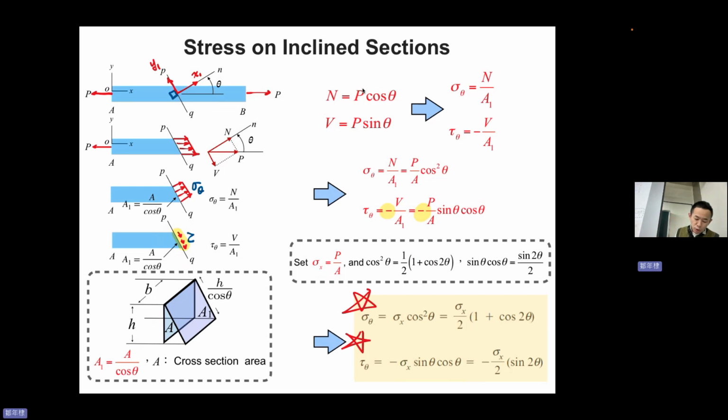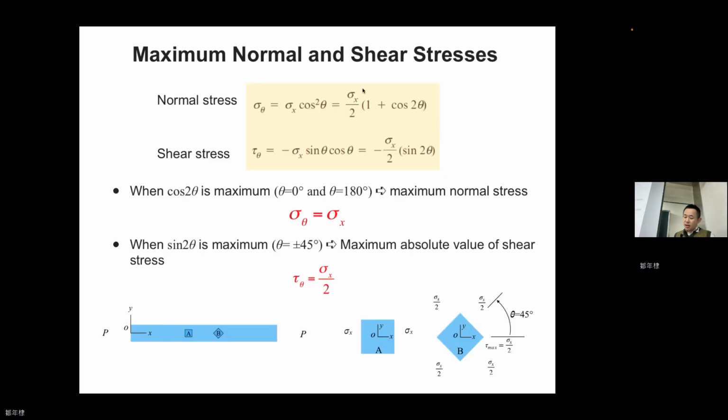Next one, maxima of normal stress and shear stress. So normal stress and shear stress look like this. We just write the stars on it, and then you see the cosine 2 theta and sine 2 theta. Cosine 2 theta has its maxima at theta equal to 0 and 180. So we make cosine 2 theta become maxima, so you see it will be 1.